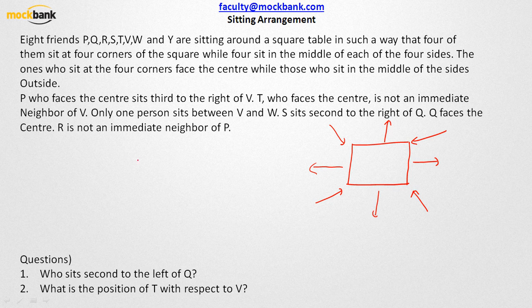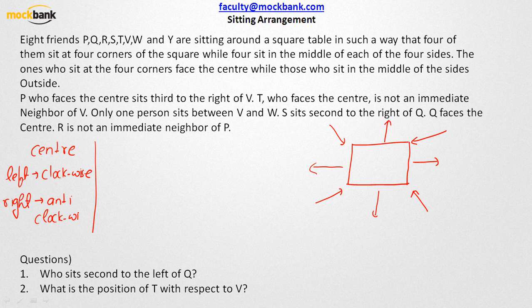Right? Now there is one thing that we must be having in our mind. Whenever people are facing towards the center, the left is the clockwise direction, and how about right? Right is the anti-clockwise direction. How about if persons are facing away from the center?